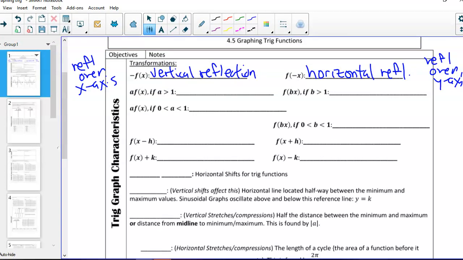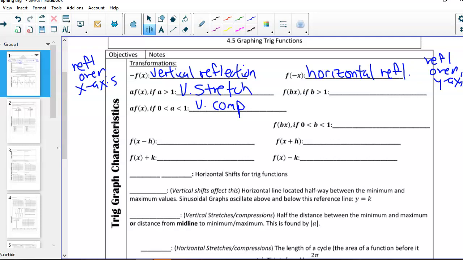Anytime we are multiplying some number outside of the function and that number is greater than 1, what would that be? Vertical stretch. So then this one, if it's between 0 and 1, would be vertical compression.